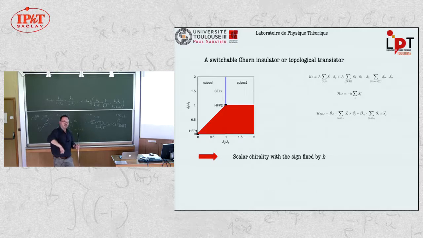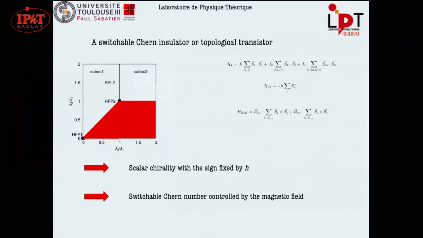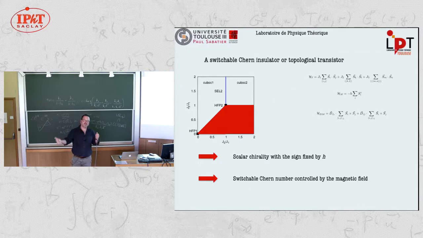You put a negative magnetic field, you will get the other sign of the chirality. That means that now if you again throw electrons on that and you cool down, something you can tune is the magnetic field, having a Chern insulator in which by tuning the magnetic field you can switch from Chern number 1 to Chern number -1.